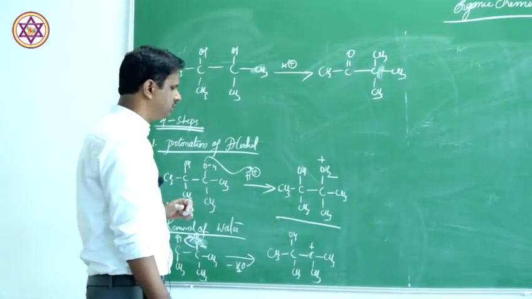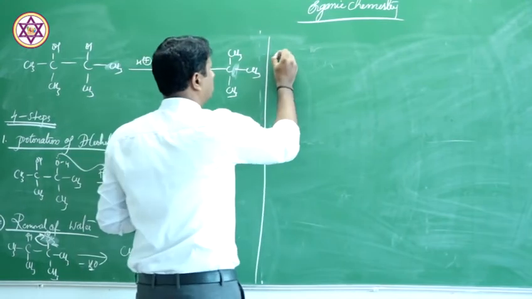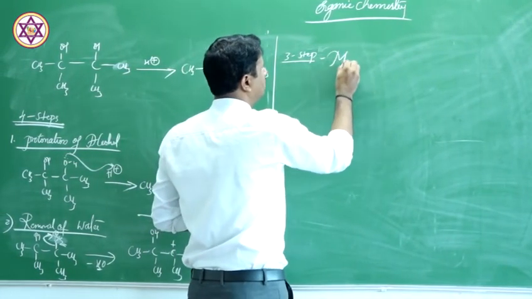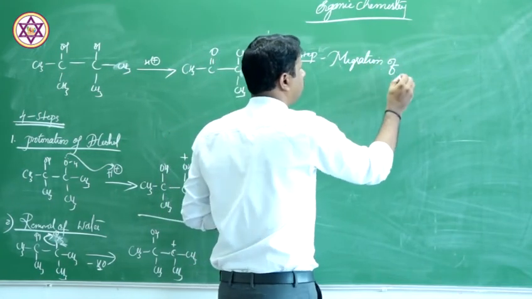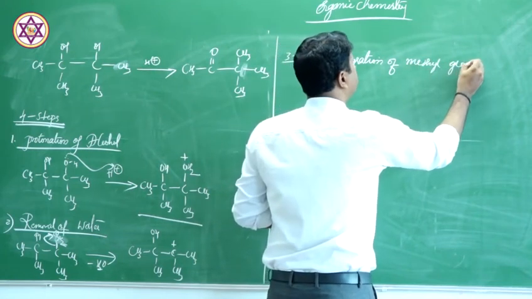Now what happens in the third step? That is migration of methyl group. This is very important, methyl group.